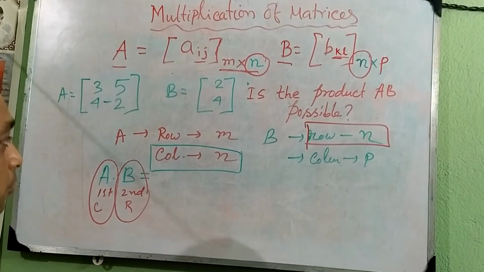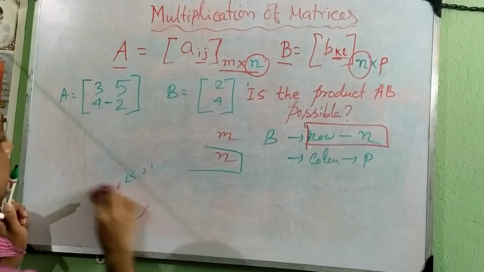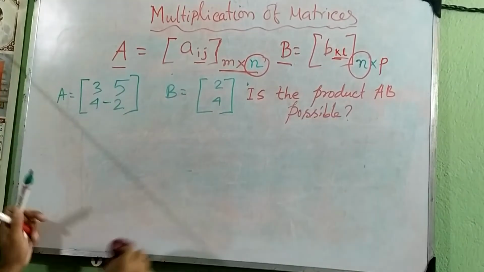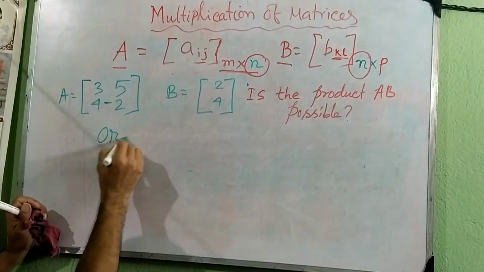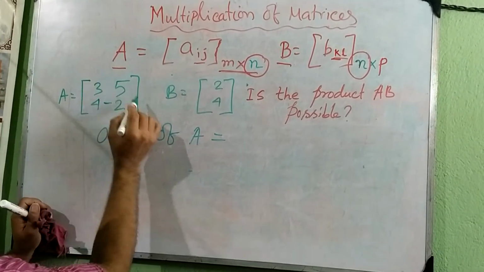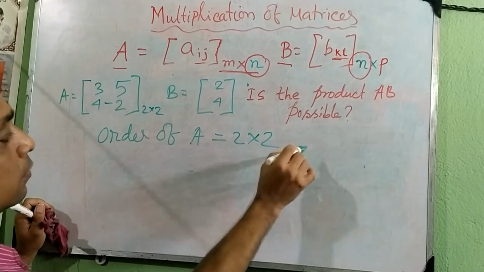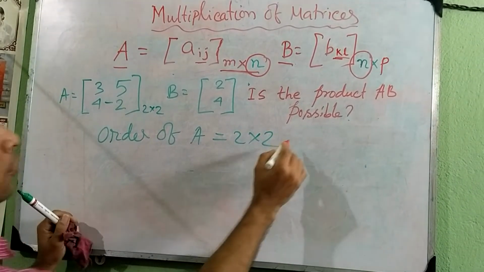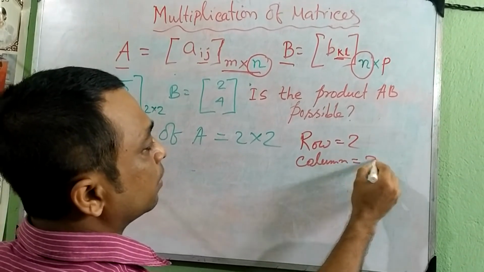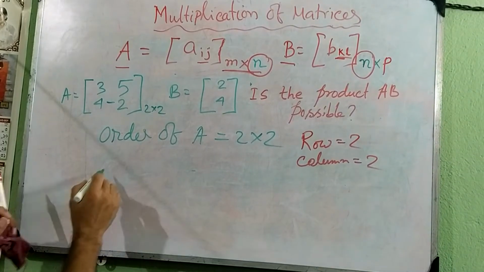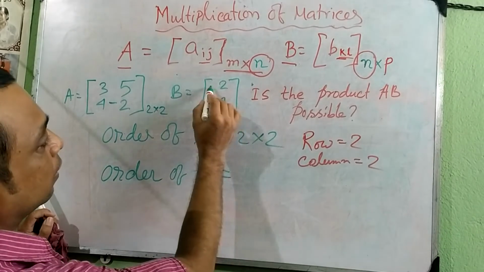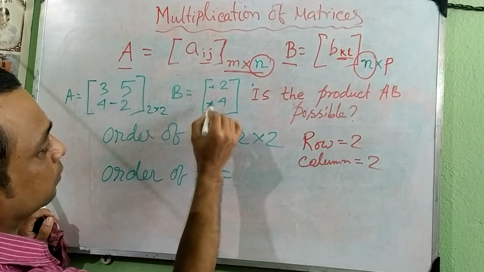Now using this formula we will do this sum. So see here, what is the order of matrix A? Yes, 2 by 2. That means rows equal to 2, columns also equal to 2. And the order of matrix B is how many rows? 2 rows and 1 column.